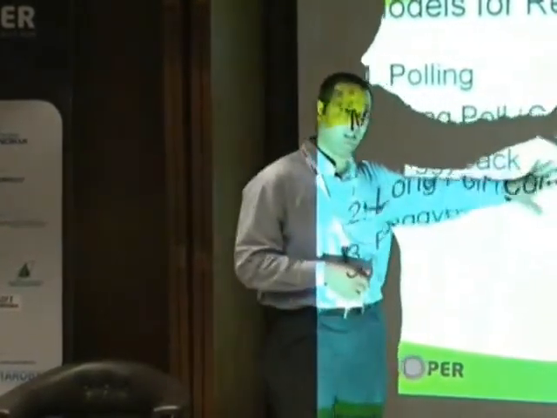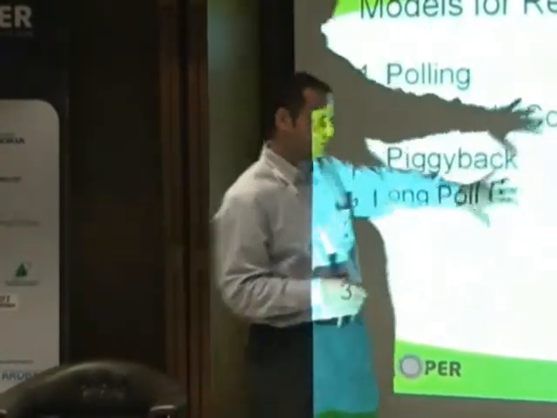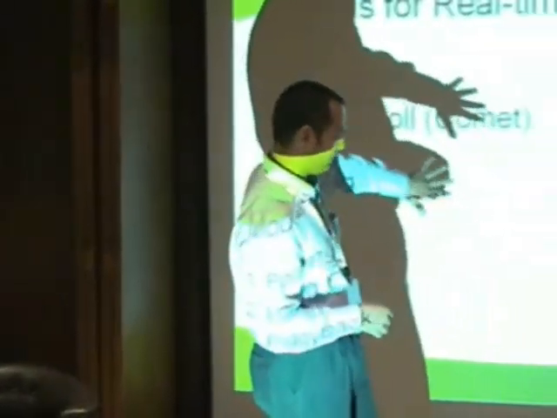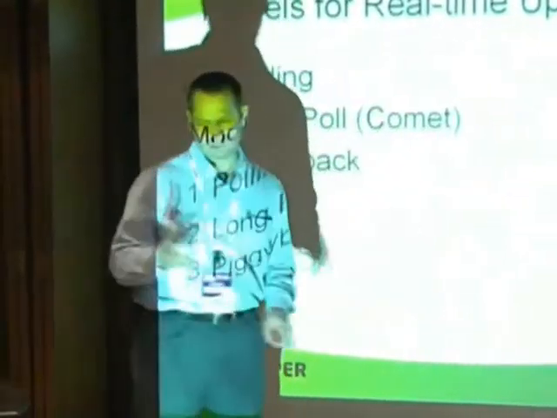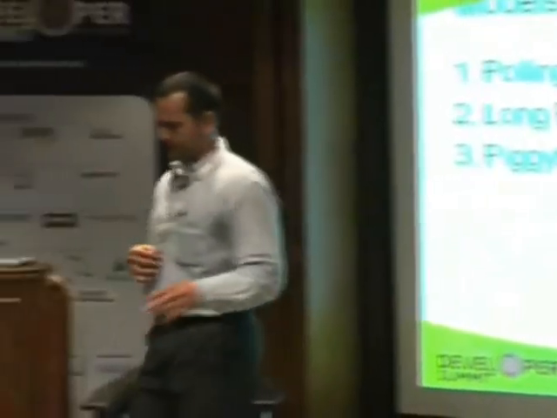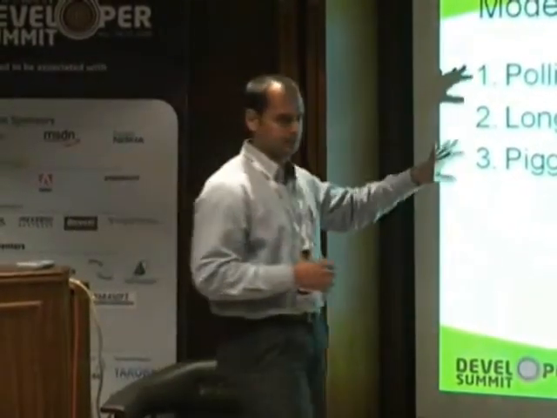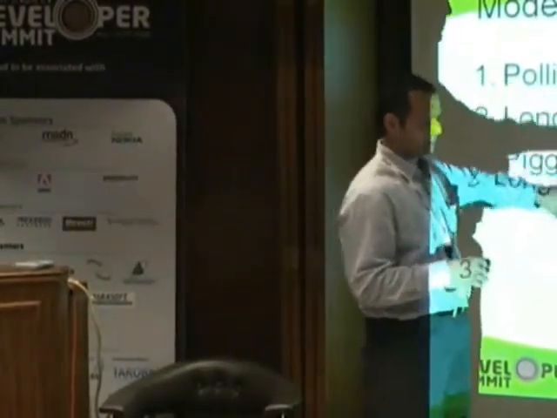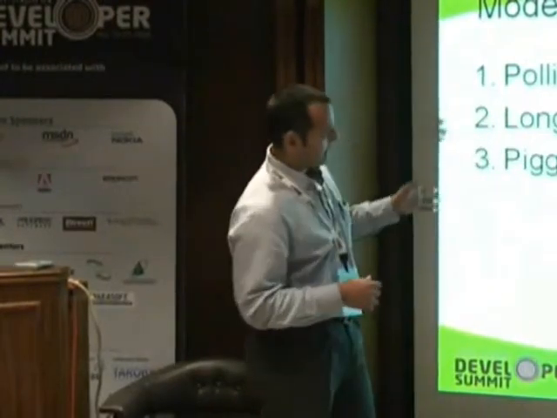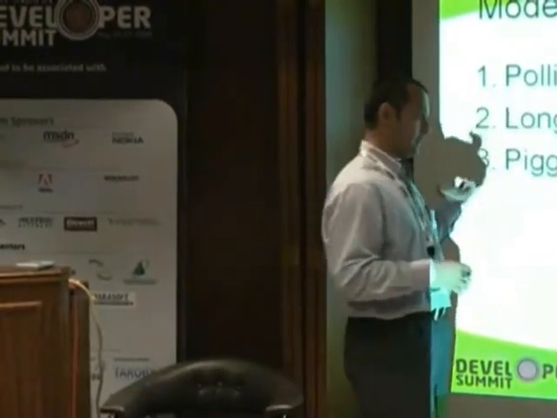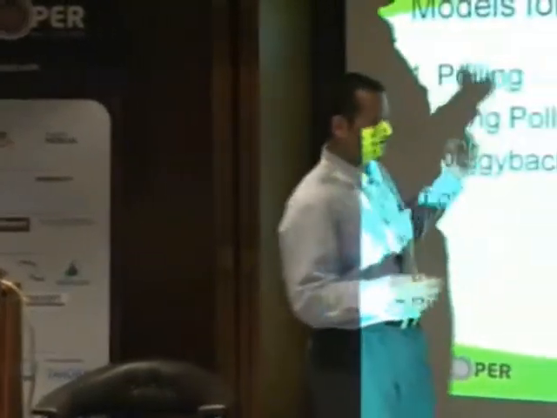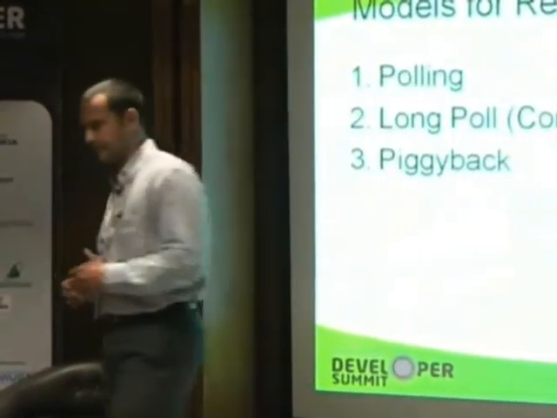It keeps the connection open for a specified duration of time, which I think is dictated by whatever value you set for the HTTP keep alive. And if it has anything, it sends it back. If it doesn't have anything, it sends back blank data. That is long polling. And there is piggyback.